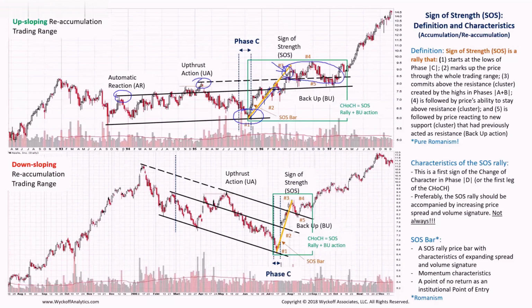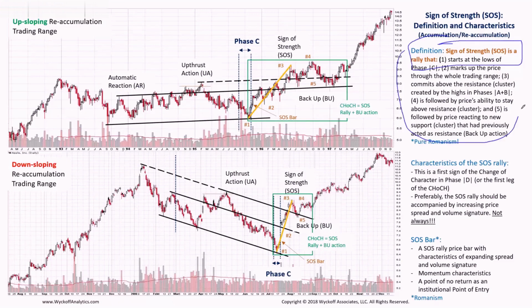That spends time above that area, and then that has a backing up action that comes exactly to the area of the support that acted before as the resistance and was created in phases A and B. And that's the definition of the sign of strength rally.